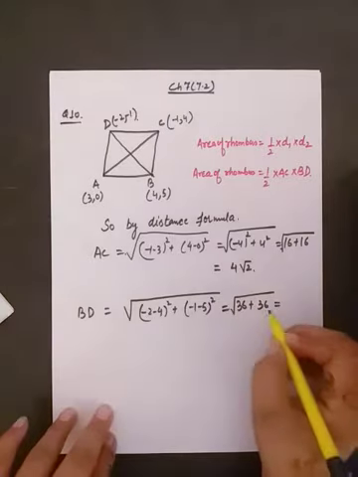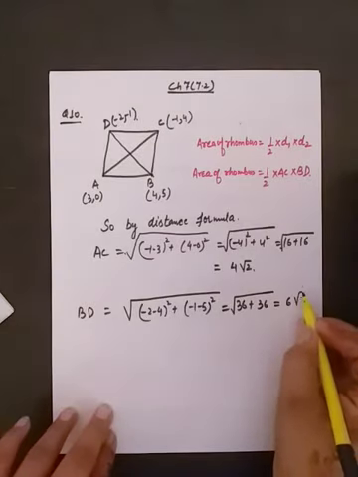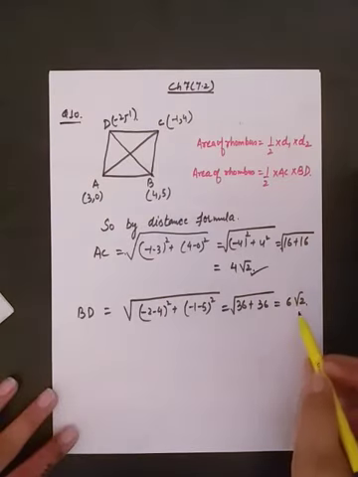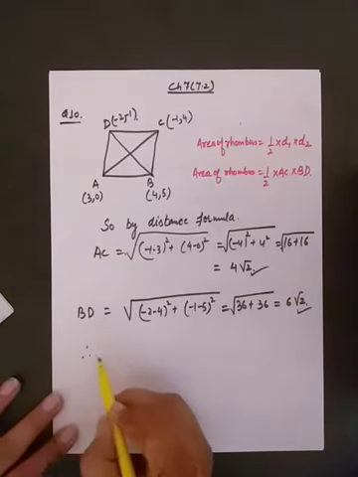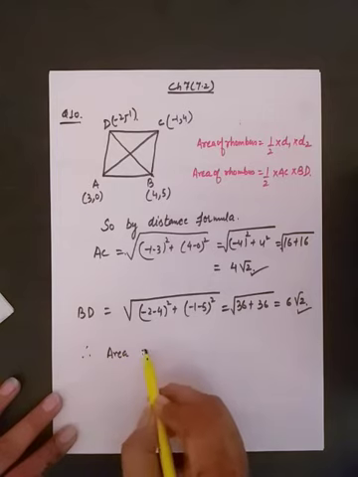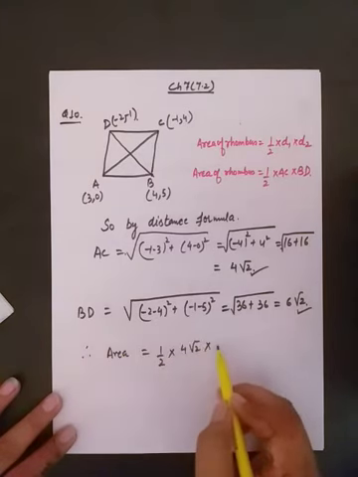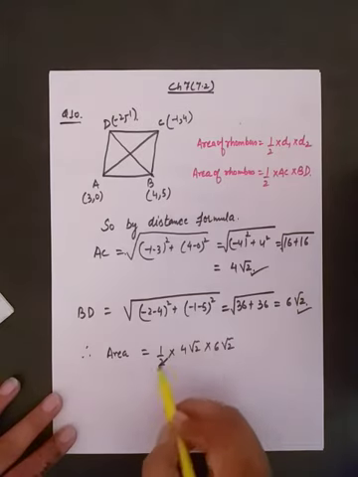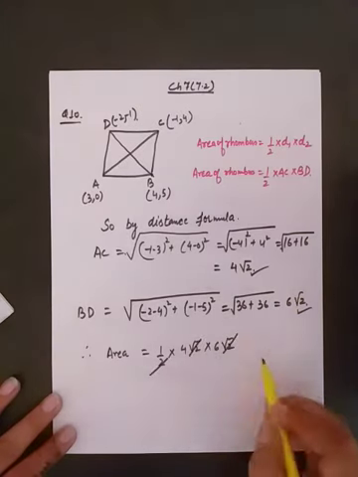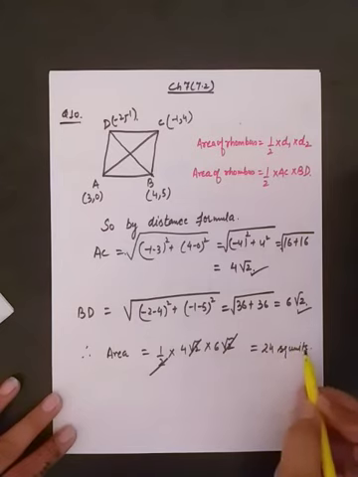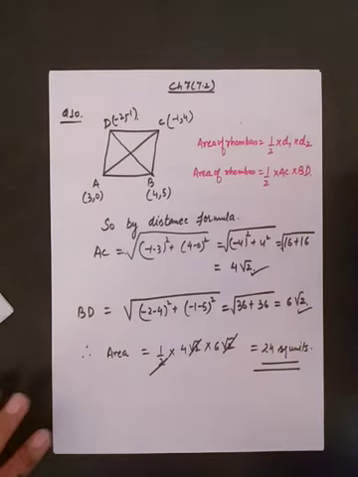So 36 + 36 can be written as 6√2. Now we have the lengths of both diagonals, so we can find the area. Area will be 1/2 × 4√2 × 6√2. Now this 2 will cancel and we get 24 square units. So this is the area of the rhombus.